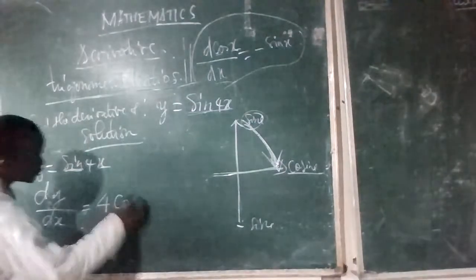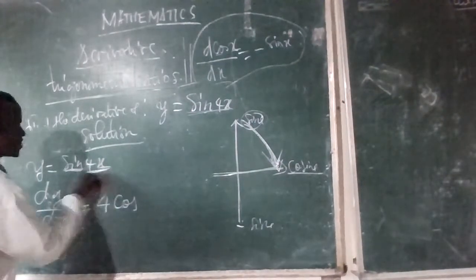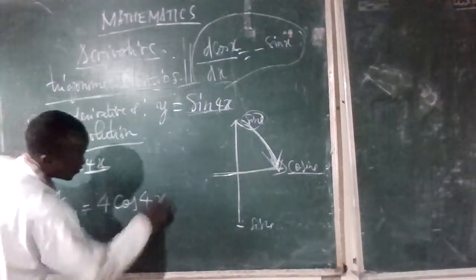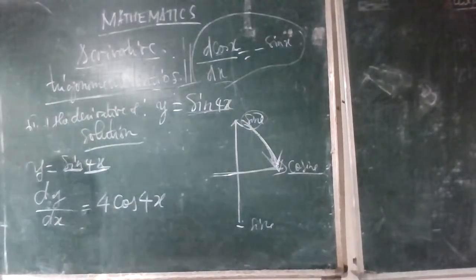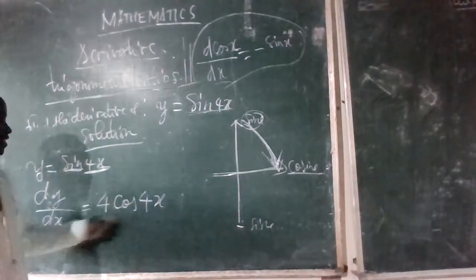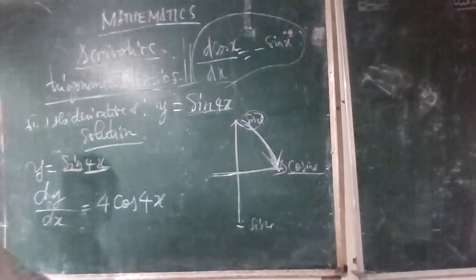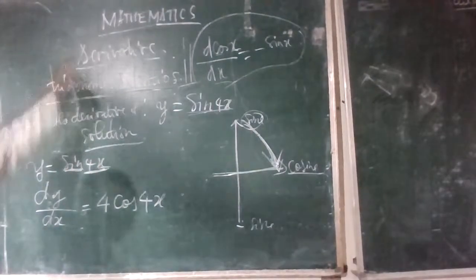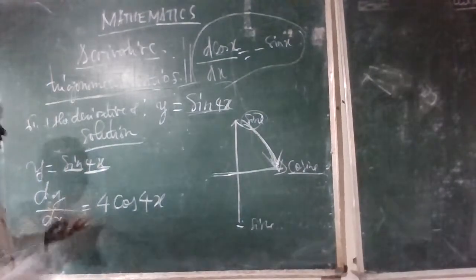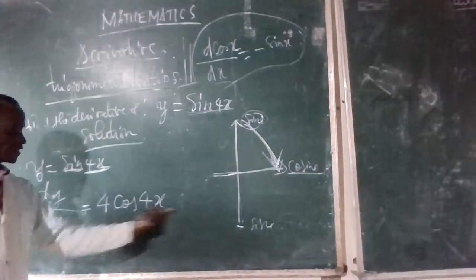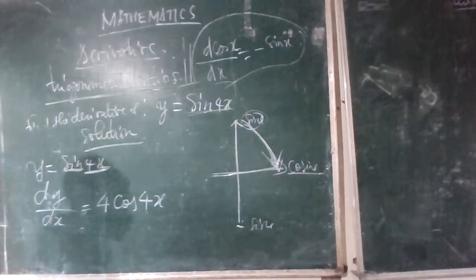You have to write cosine of the remaining part, 4x. Add it together, dear friends. That is how you should find the derivative of a trigonometric relation.